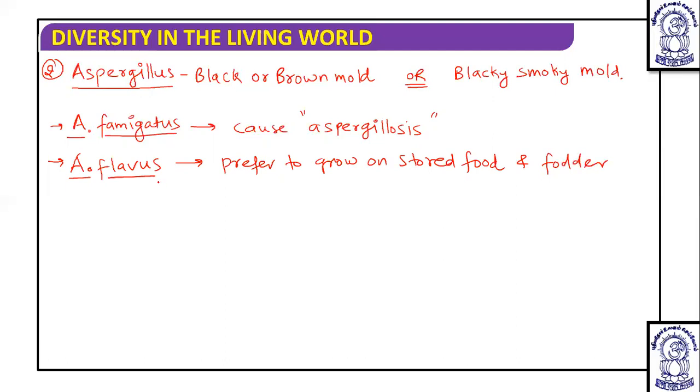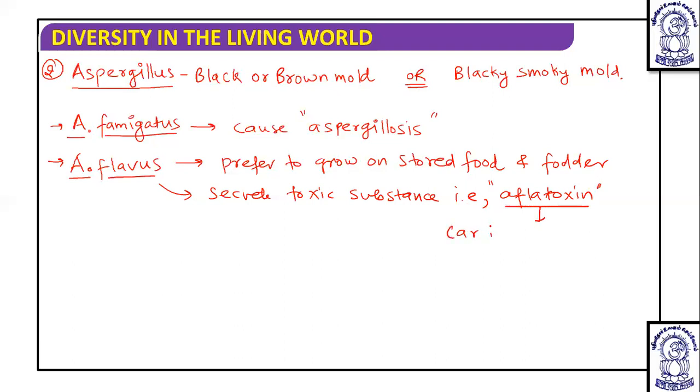It is known that it secretes a toxic substance, that is aflatoxin. And aflatoxin is a substance which is carcinogenic, that is cancer causing, and it causes liver cancer.